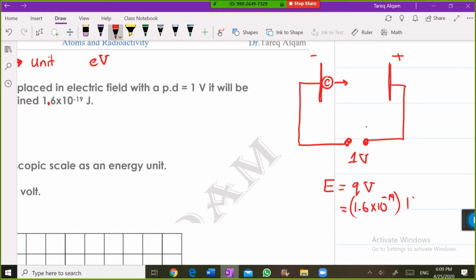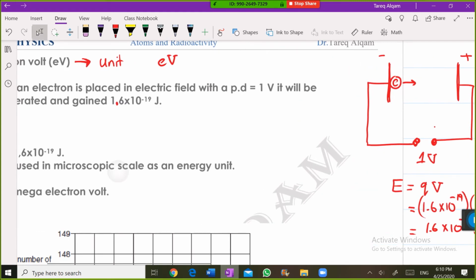So the energy needed to accelerate this electron from the negative plate to the positive plate is 1.6 times 10 to the power minus 19 joules. Right? This is the energy needed for the electron to be accelerated in a uniform electric field as a result of 1 volt potential difference.